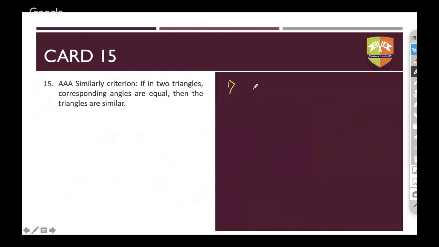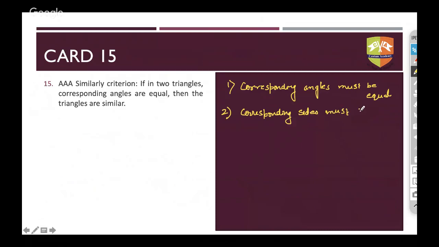Point number 1: corresponding angles must be equal. And 2: corresponding sides must be proportional.